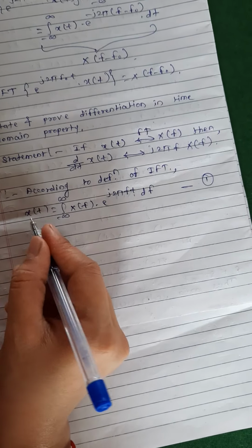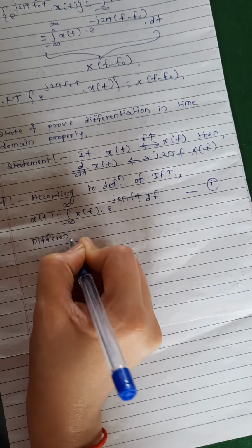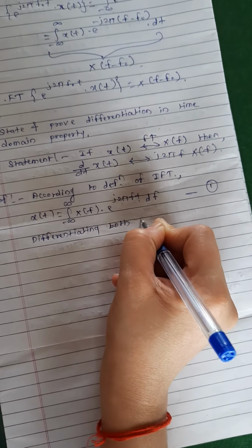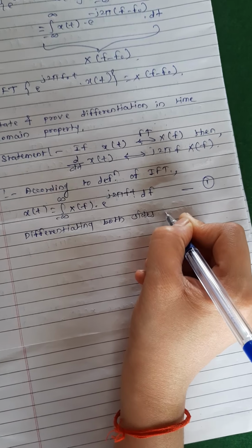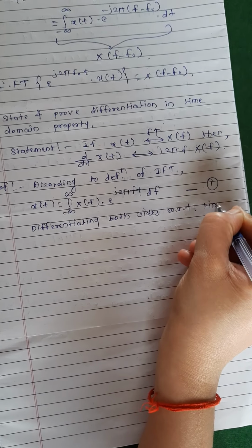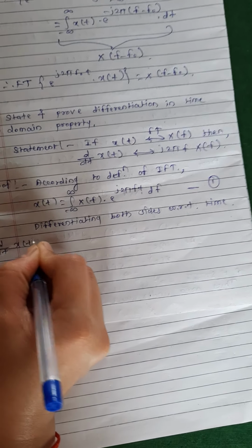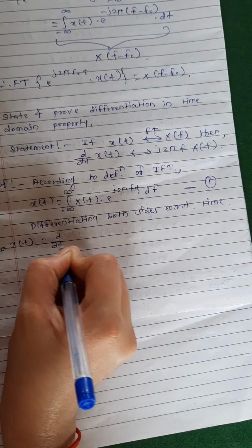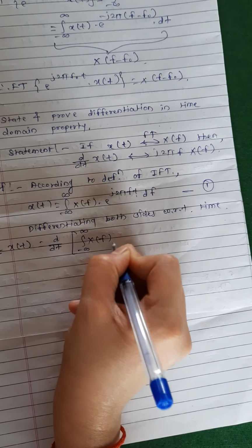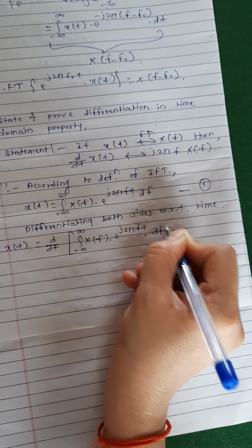Now differentiating both sides with respect to time, d by dt of x of t is d by dt of integral from minus infinity to infinity X of f e raised to j2 pi f t df.